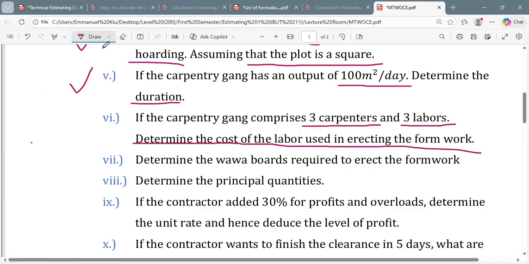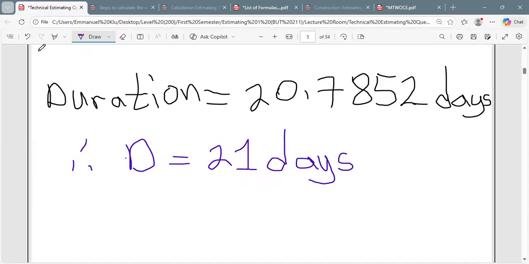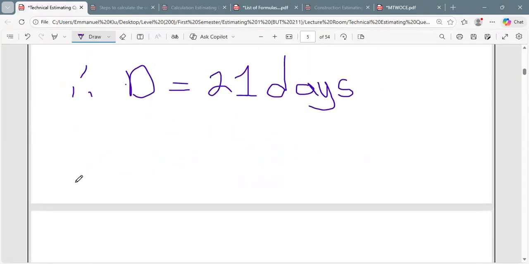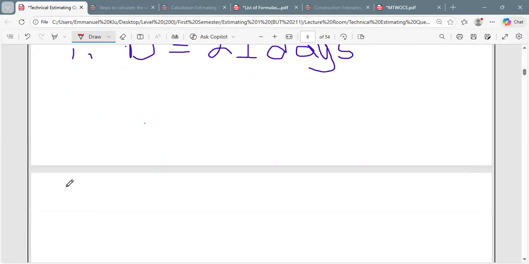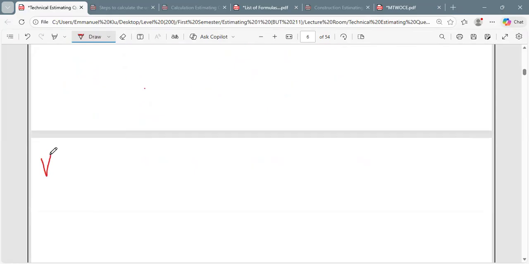So they want to know the cost of labor used in erecting the formwork. Let's quickly go about that. We are now on VI.